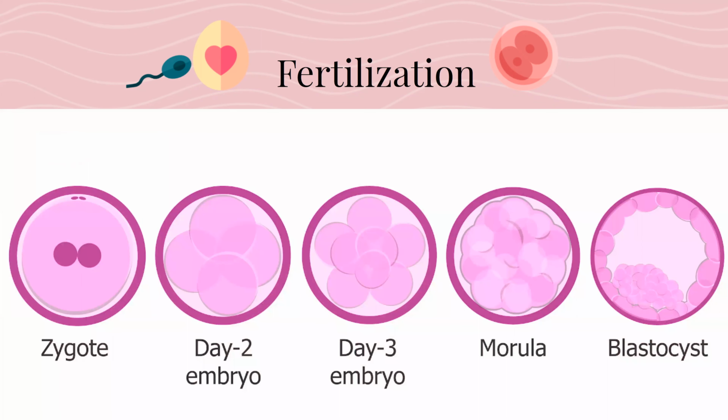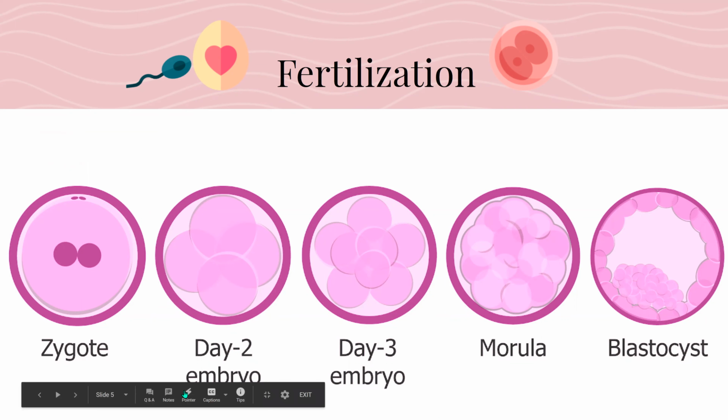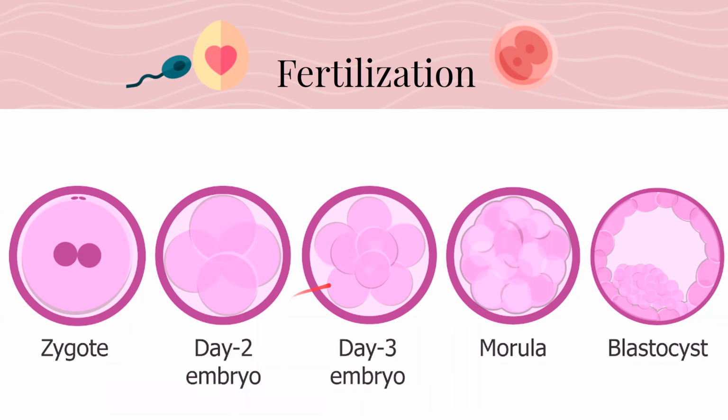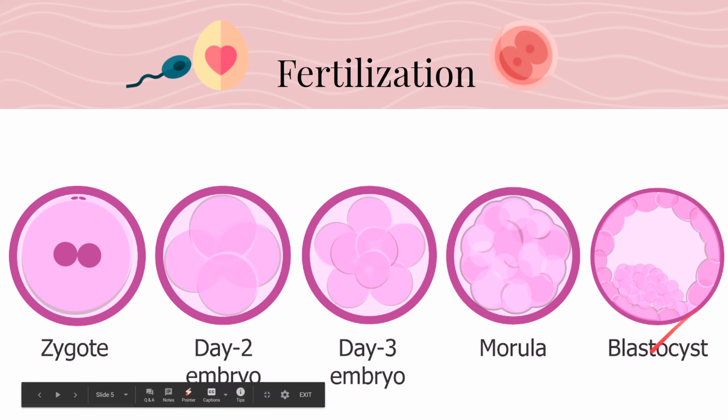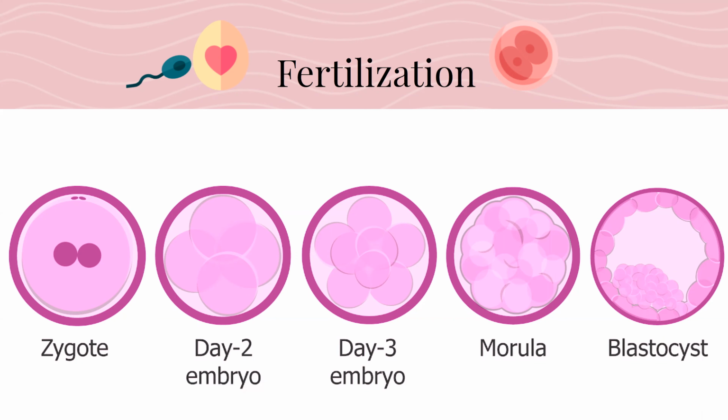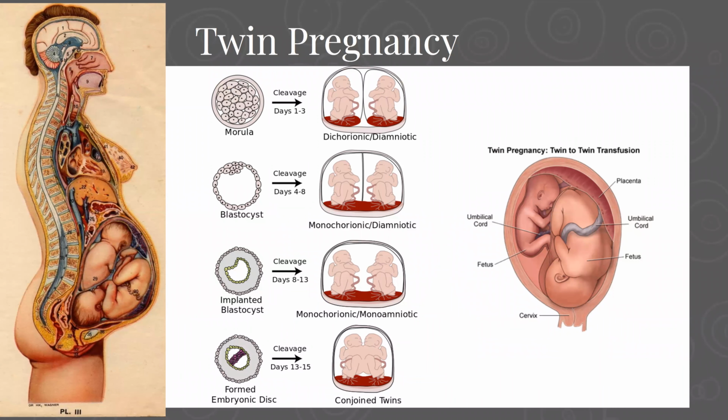And so here is the progression of everything. The zygote is the initial fertilized egg, and then you have an embryo, blastocyst. Another thing that can happen around this time, very early on in pregnancy, is that you can have a twin pregnancy.